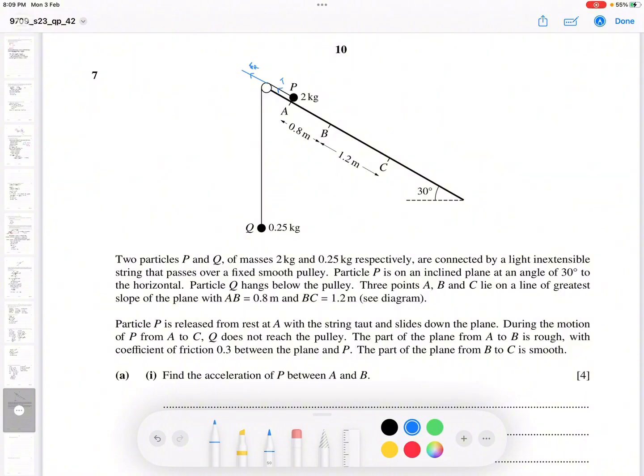So resolving, my normal R here, and here goes the weight, and that is 2 kg, it means 2g.